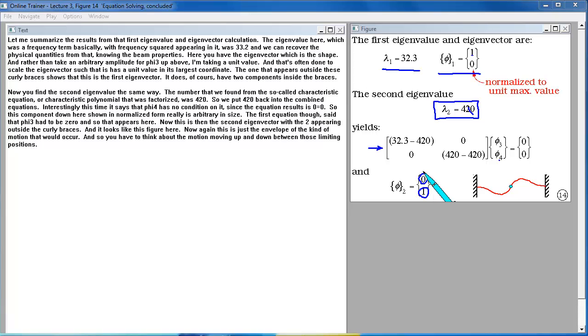Now this is then the second eigenvector with the two appearing outside the curly braces, and it looks like this figure here. Now again, this is just the envelope of the kind of motion that would occur, and so you have to think about the motion moving up and down between those limiting positions.